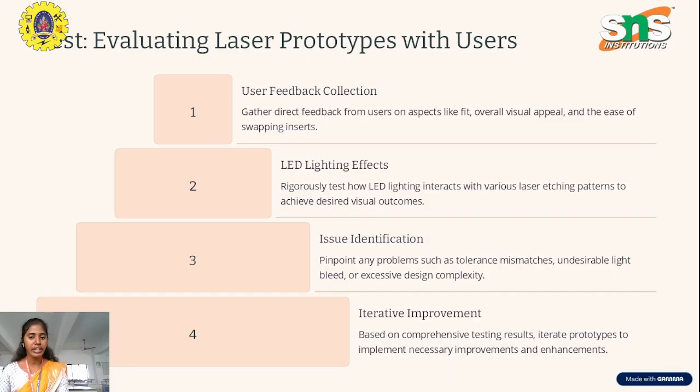The third is issue identification. Pinpoint any problems such as tolerance mismatches, undesirable light bleed, and excessive design complexity. These are the issues we get from the users. Then impact improvement. Based on the issue identification, we have to improve. Based on the comprehensive testing results, prototypes will be refined and necessary improvements and enhancements implemented. These are the testing parts.